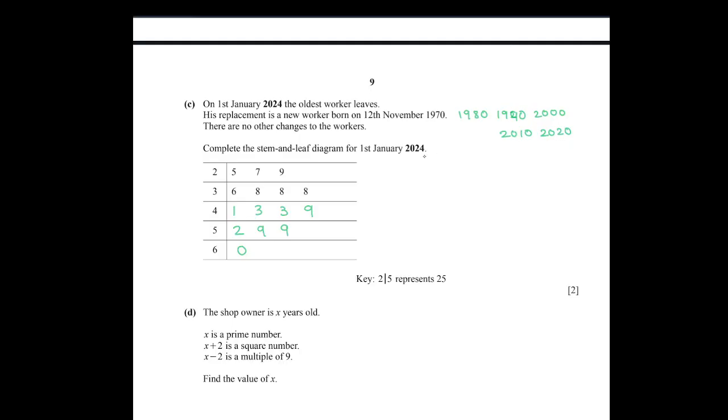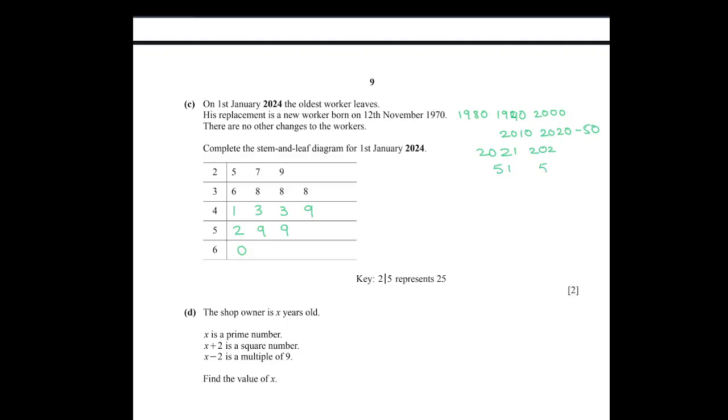50 years, then 2024 January, but he was born on 12th November. So 12th November means before January 12th November it will be 3 years. Till 2021 he is 50 years.